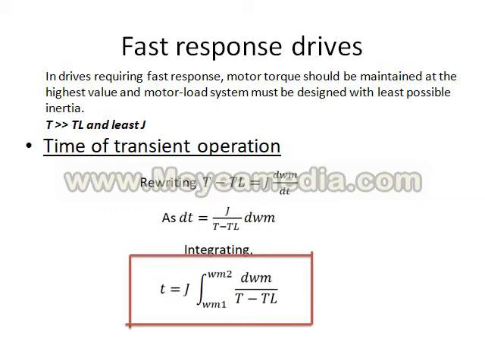Simply rewriting it in terms of dt and integrating, you will get the time of operation as J times integral d omega by T minus TL. So the more the T is and the less the J is, your time of operation is going to be less. Less time means fast operation.